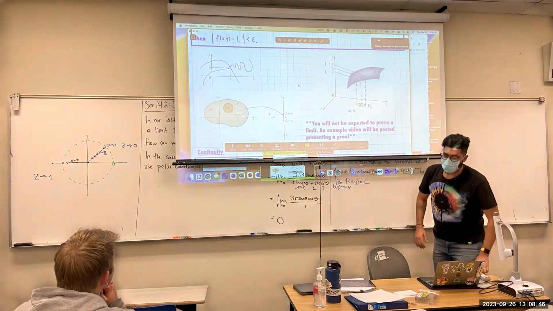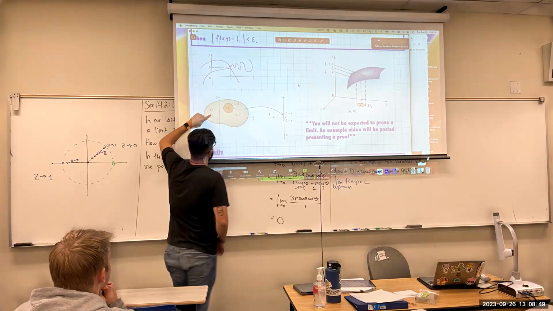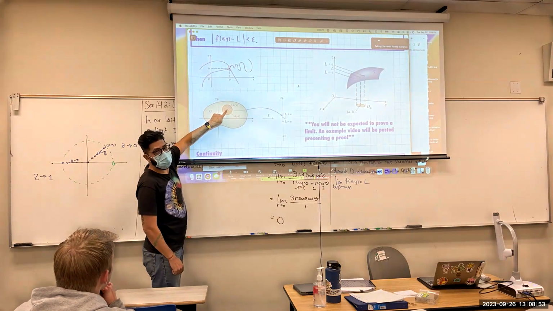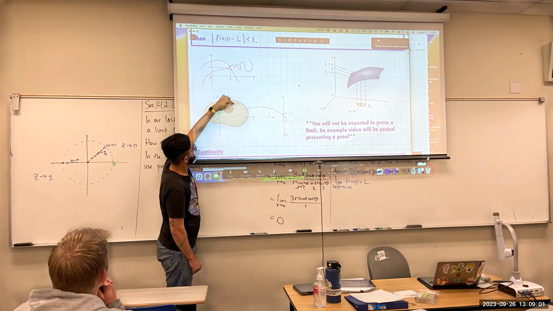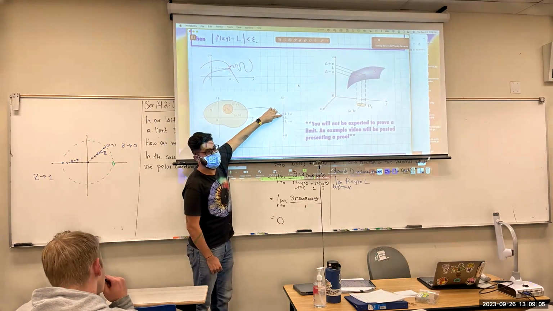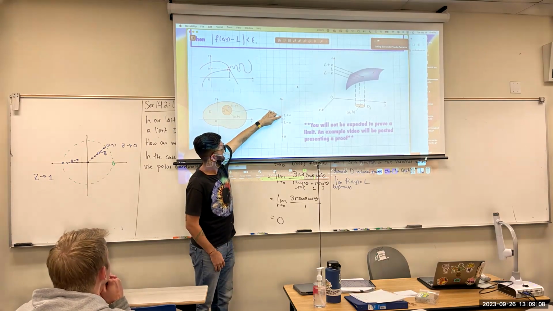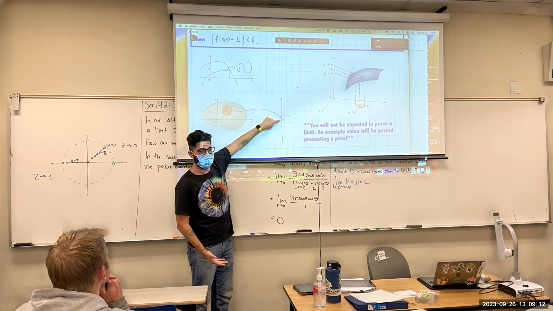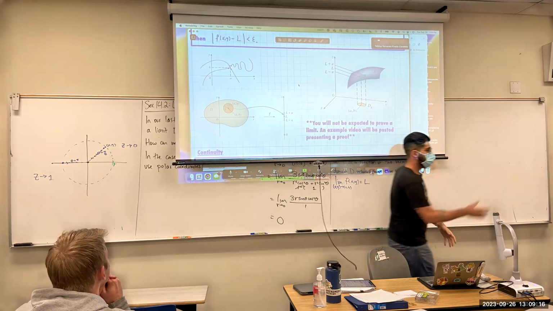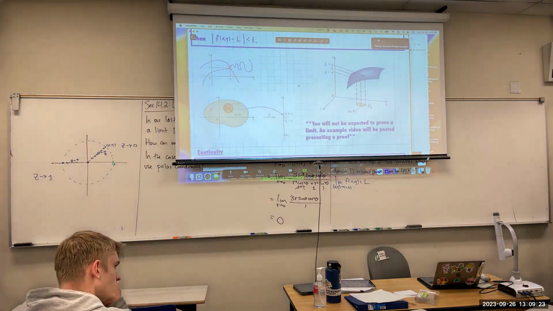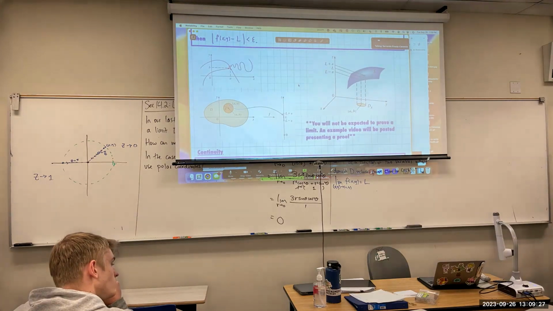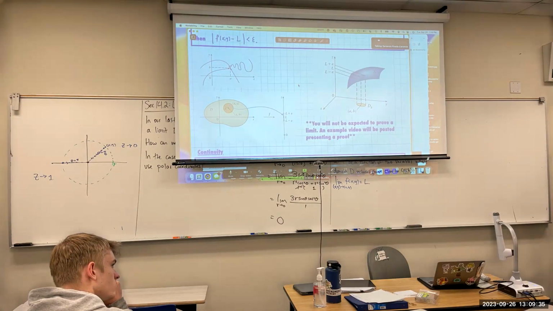As you're approaching the point (a, b), once you get really close to that point, the output values, the z values, should be very close to L. If Young Yang is the point (a, b), and I'm walking towards him, and I get inputted into the function, then if the limit exists, my z value needs to be close to the number L. The closer I get to him, the closer my z value gets to L. You guys kind of see that?